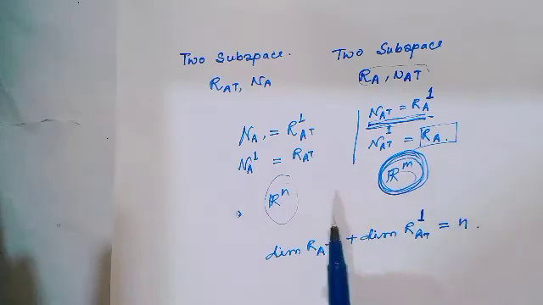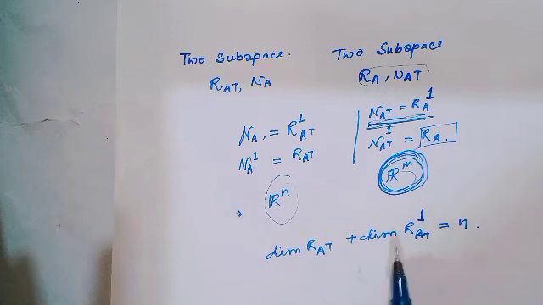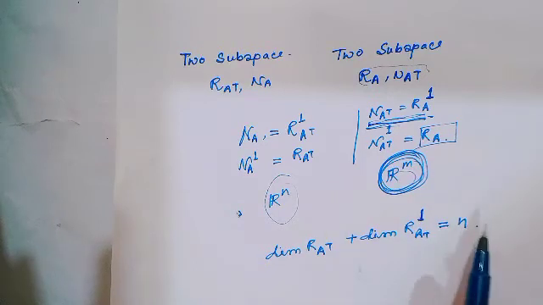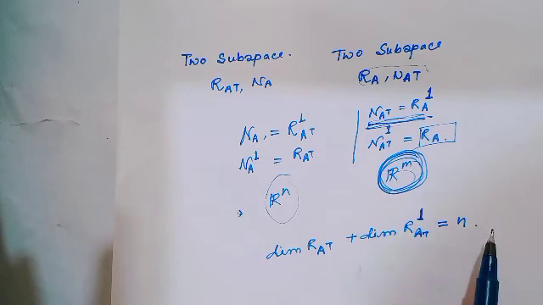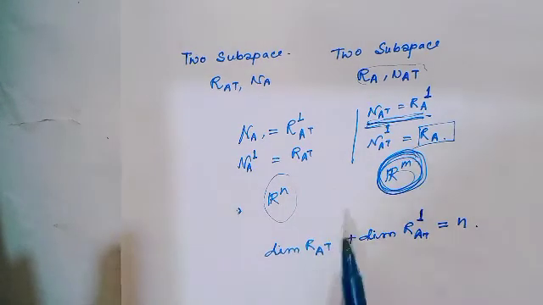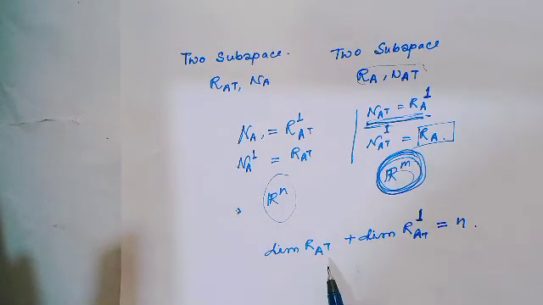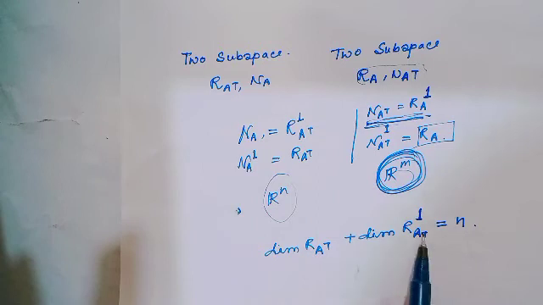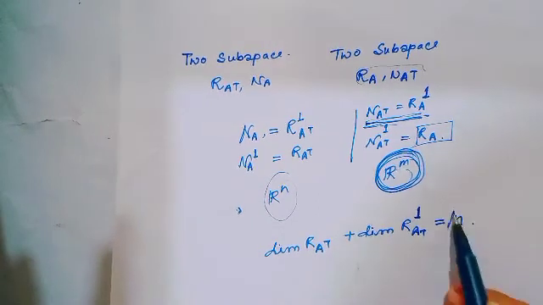That means the dimension of W plus the dimension of W complement is always equal to the dimension of the whole vector space. Therefore, the dimension of the range of A transpose plus the dimension of its orthogonal complement is always equal to n.